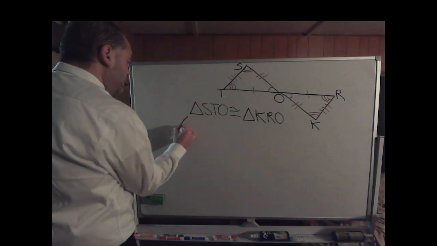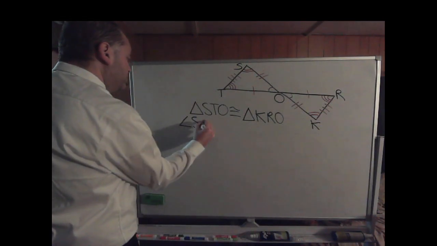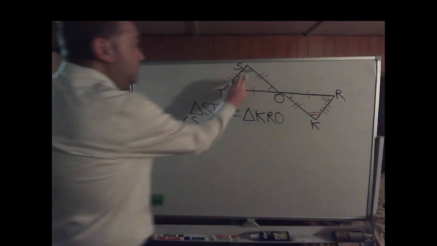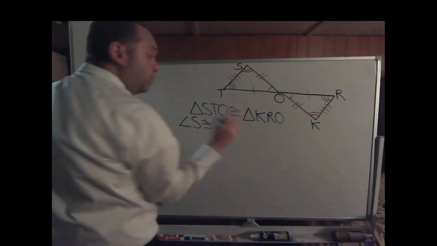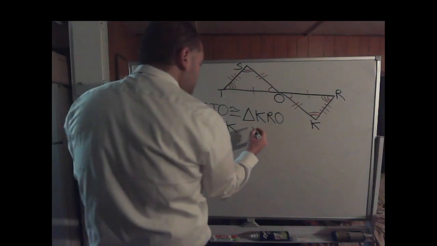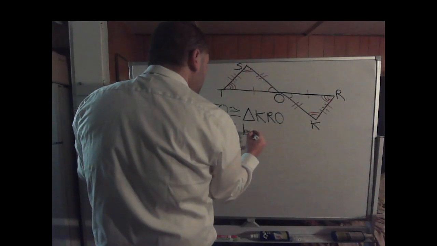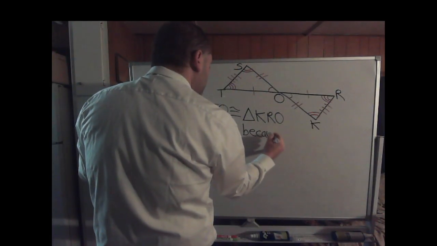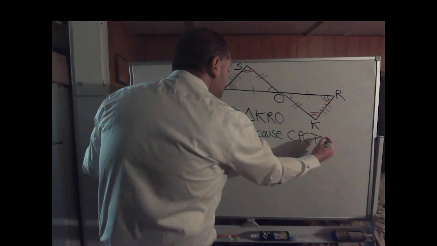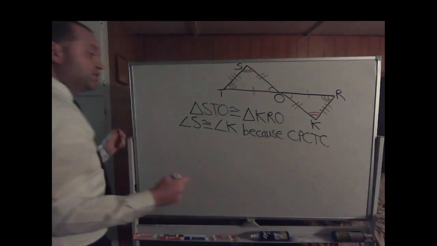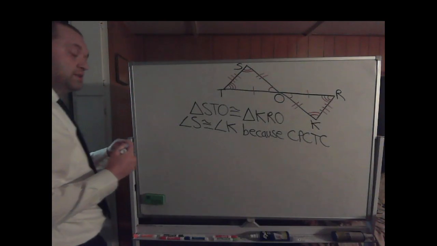Now, angle S would be congruent to angle what? Well, that'd be congruent to angle K. Why would it be congruent? Because of CPCTC. Congruent parts of congruent triangles are congruent.